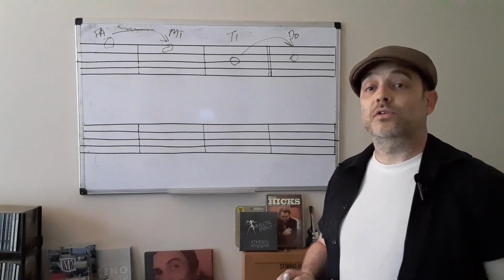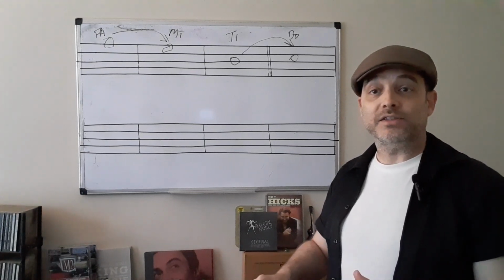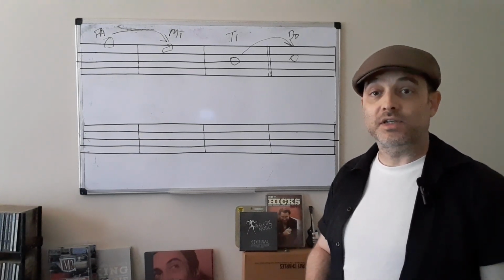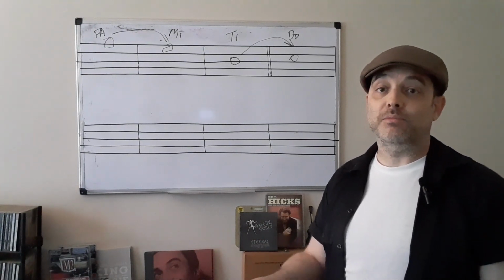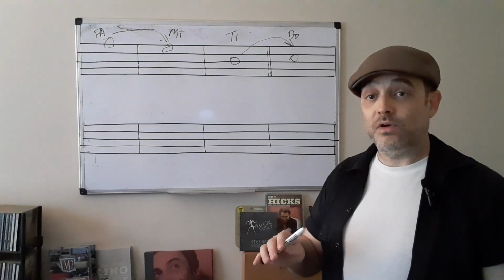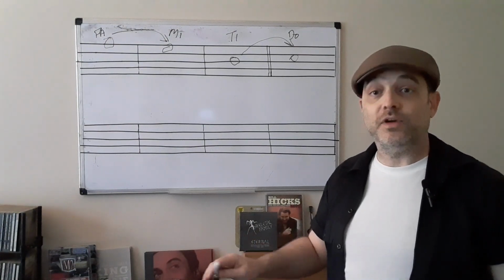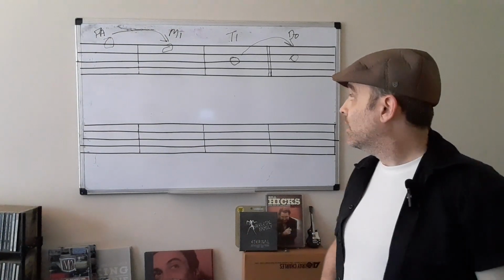So the sound of an active part of your tonality resolving to a resting part is either fa going to mi or ti going to do, not only melodically but harmonically. And this is basically where the beginnings of functional harmony come into play.